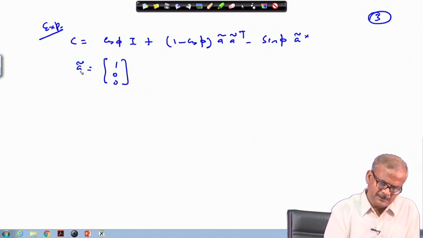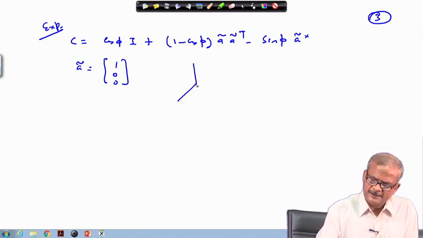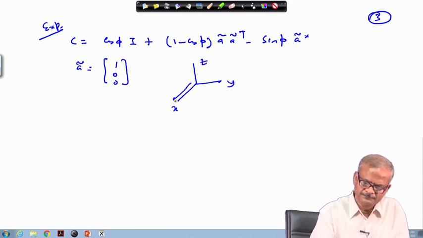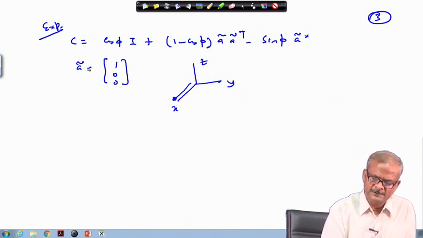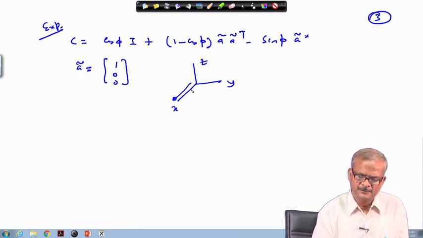So, that means it is just like you have the x, y and z axis. So, this is indicating a vector along this direction. So, A is a unit vector which is lying along this direction.